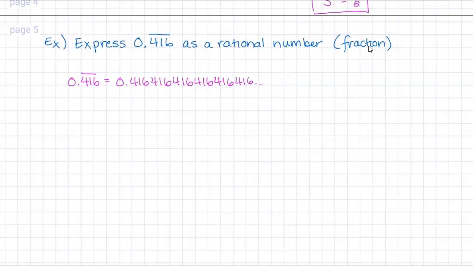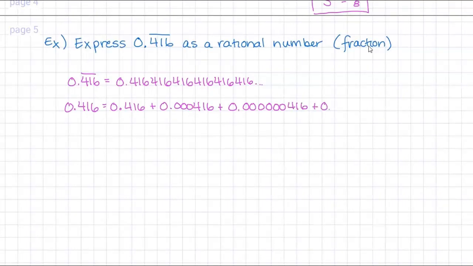Or we can write it like this: 0.416 plus 0.000416 plus 0.000000416 plus 0.00000000416 and so on. That would be the same thing.